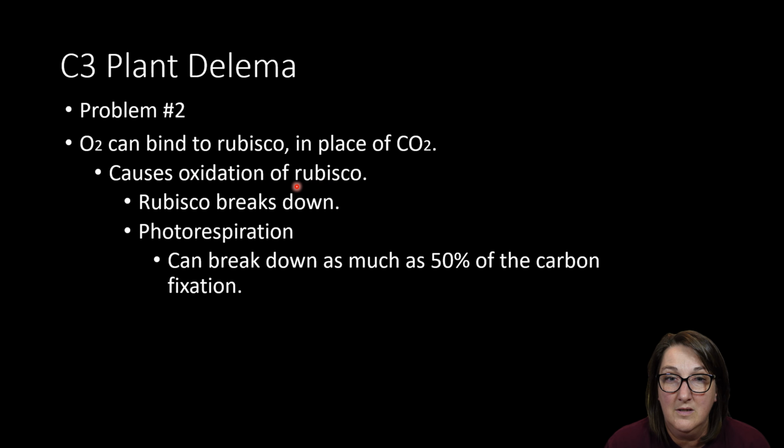So rubisco is losing electrons, it's losing material. So that means it's going to break down. And we call this photorespiration. And when you have photorespiration, it can break down as much as 50% of the carbon fixation. Like you're really starting to damage the plant. So this becomes a big issue for C3 plants.